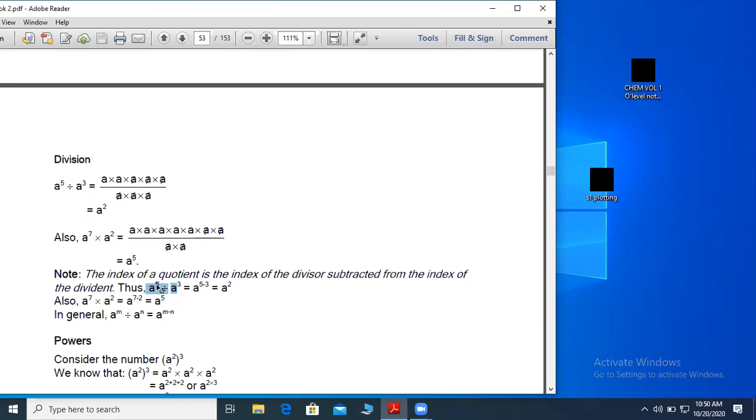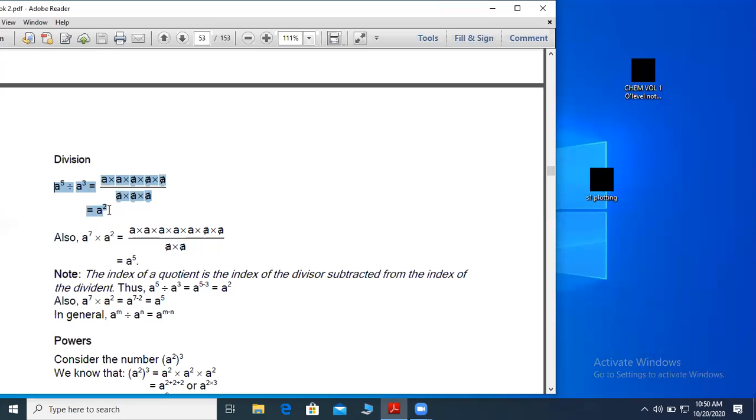So the power of the divisor is 5, and the power of the dividend is 3. So the answer will be a, which is the base, one base power 5 minus 3, and the answer is a power 2, which is the one we got here by expanding.